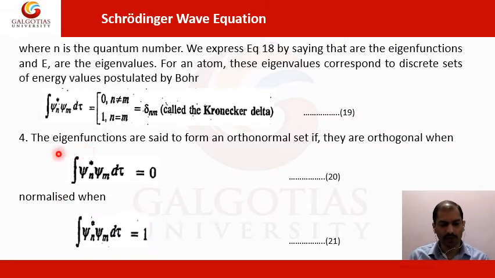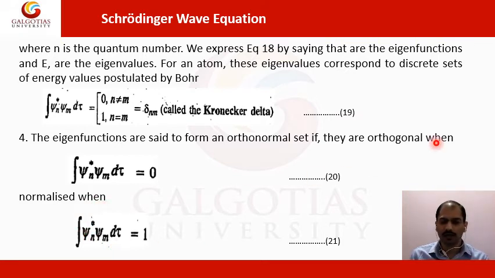Similarly, when we say it is orthogonal, you have to check whether this condition is being followed or not. But when you are talking about a normalized wave function, then it needs to follow the condition which is given here.